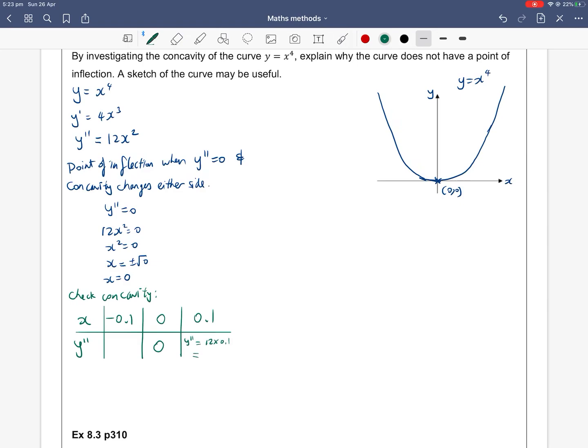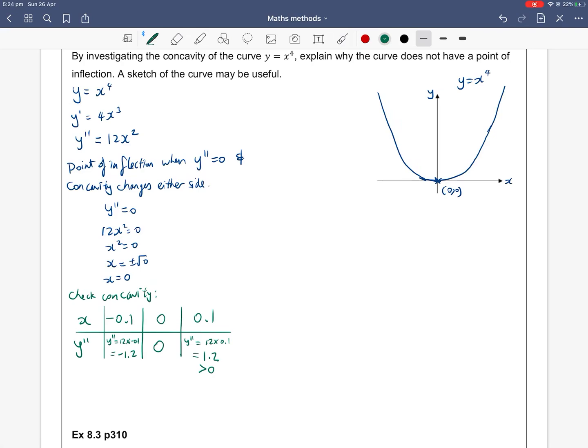Y dash dash is equal to 12 times 0.1, which will be a positive value, right? So if I go to use my calculator, 12 times 0.1, oh my gosh, I feel so stupid. Why did I use a calculator? That's obviously 1.2. But anyway, it's positive, right? And then y dash dash is 12 times negative 0.1. I won't need a calculator for this. It's obviously negative 1.2.